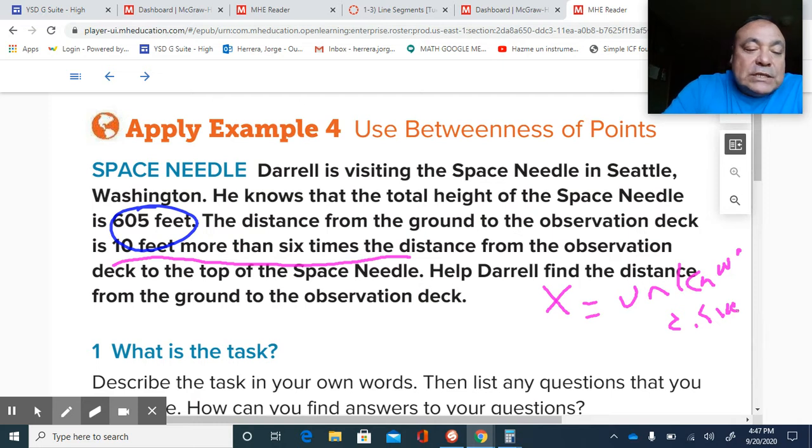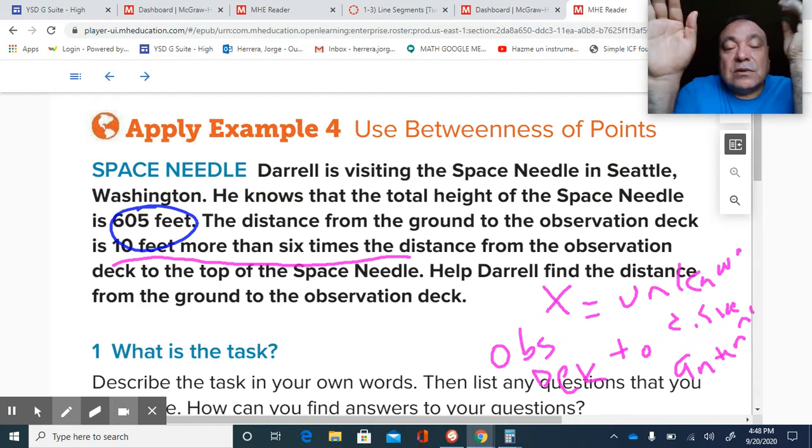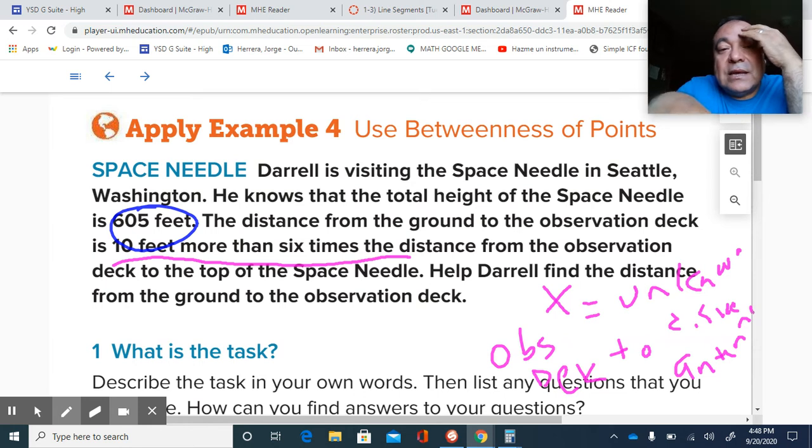Okay. So let's go to it. We have a couple of things that we need to worry about. So x really is the unknown distance. This distance is from the observation deck to the antenna, guys. That's what x would be. And we know that 605 is the total distance from the ground all the way to the antenna.